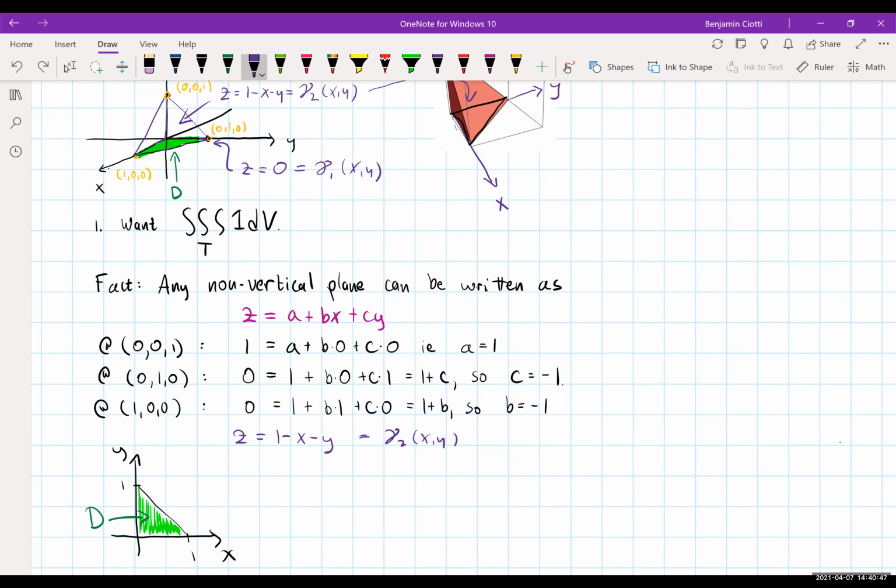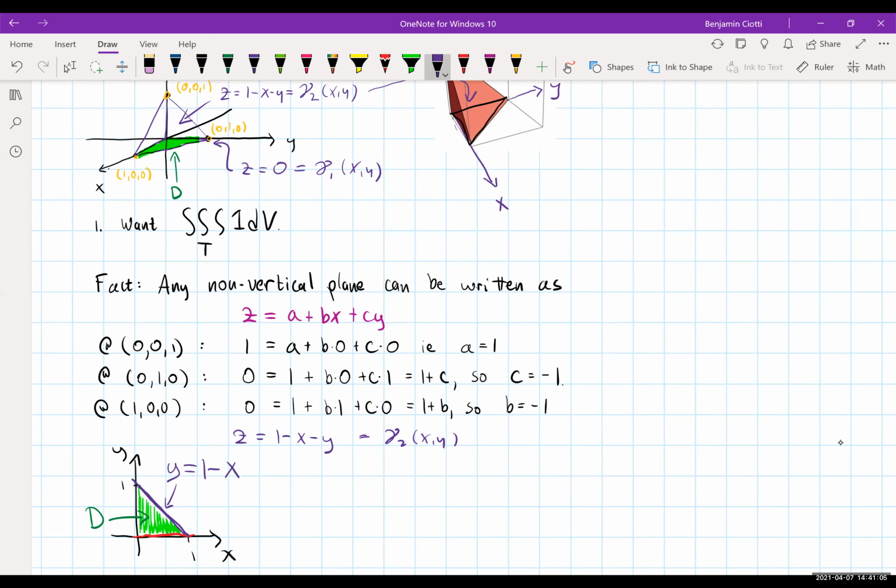So I need to express D itself as an elementary region. I need the top, and I also need the bottom. The top is a line going through 1, 0 and 0, 1.